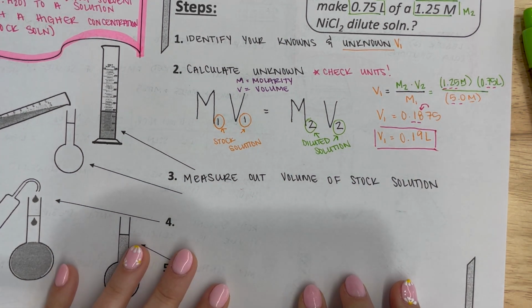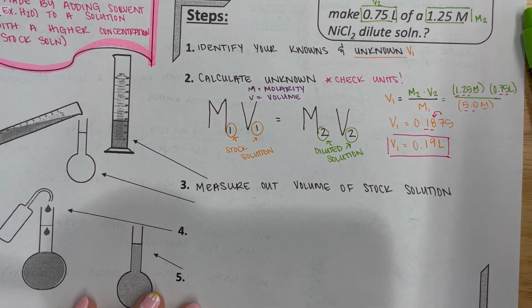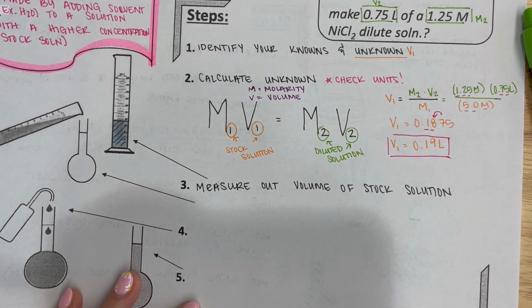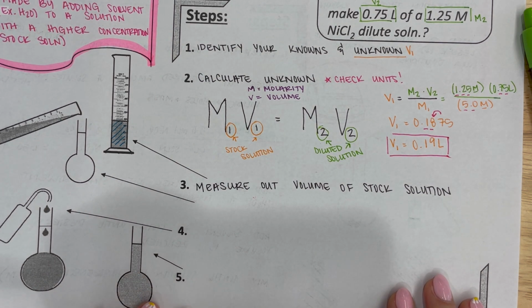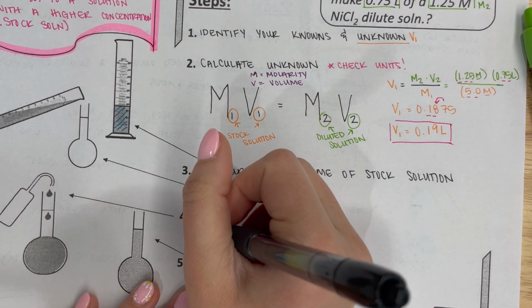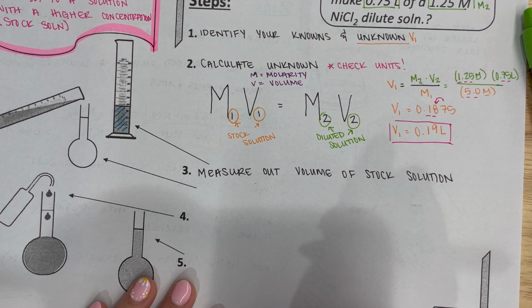So what that would look like over here is that you're going to pour in however much stock solution you need. So you're more concentrated. That would be 0.19 liters, which is 190 milliliters.